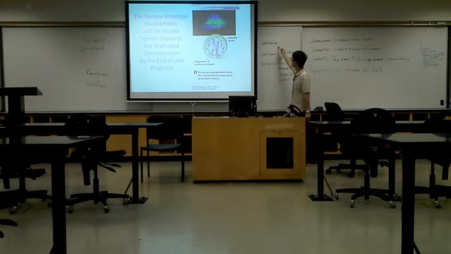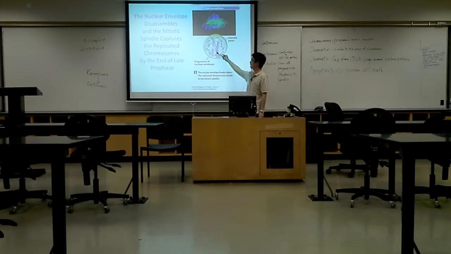So remember the centromere? The centromere is basically the point where the two chromatids connect, and also where the spindle attaches to the chromosome. So the spindle will attach to the chromosome at the centromere.